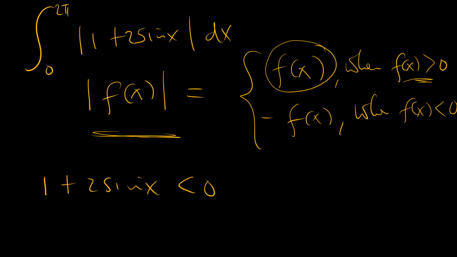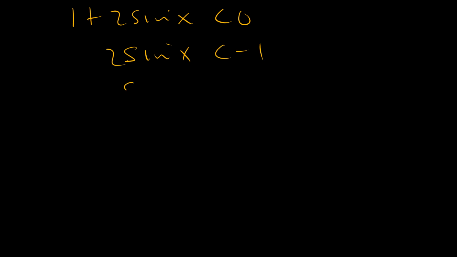So this is a region of interest, so let's look for that region. In other words, 1 plus 2 sine x less than 0 means that twice sine x is less than negative 1, and sine x is less than negative a half.